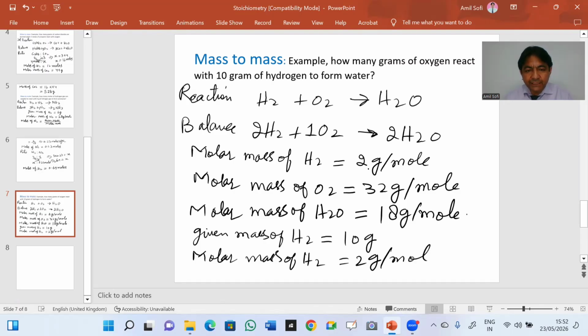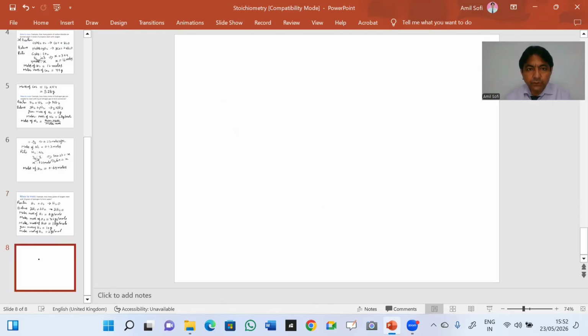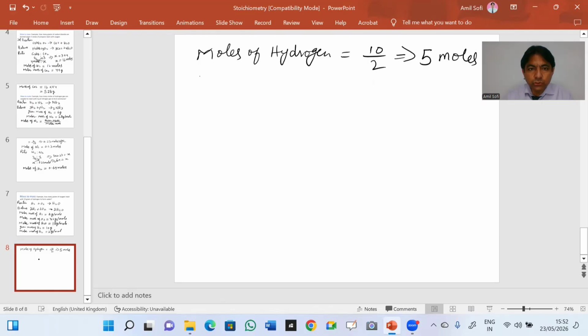So now we will find moles of hydrogen. Moles of hydrogen, that is given mass divided by molar mass. So that is 10 by 2. So it is 5 moles. So moles of H2, 5 moles.